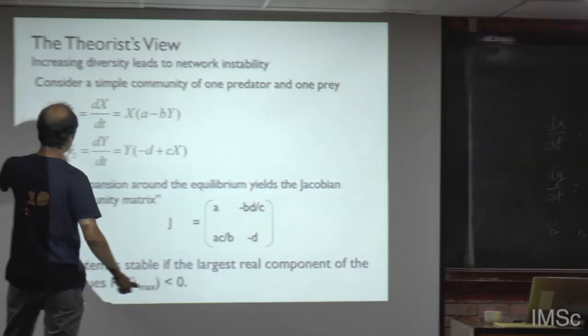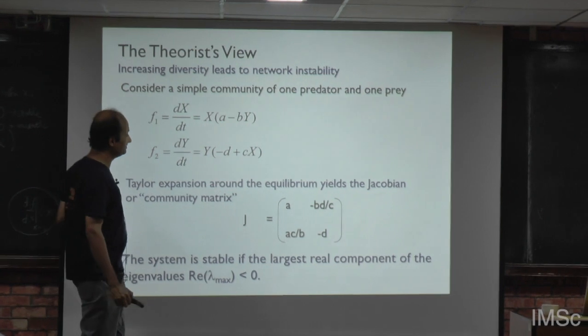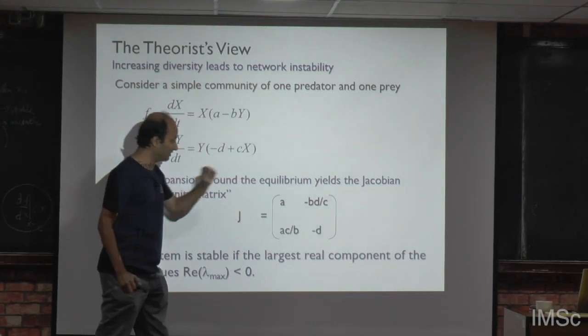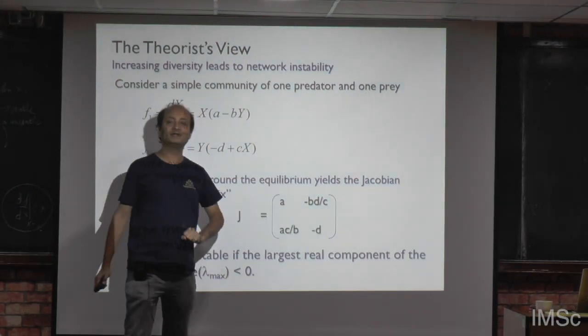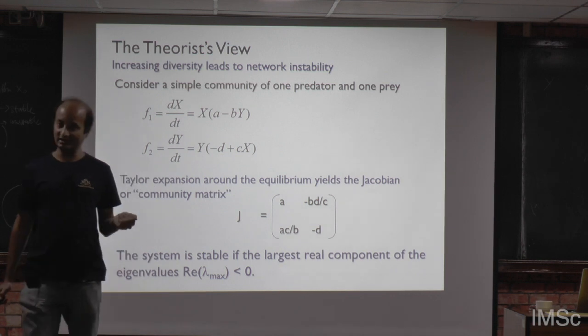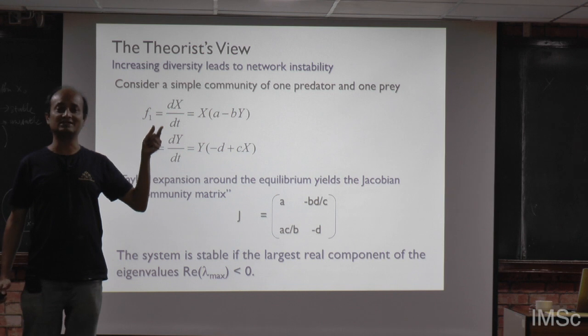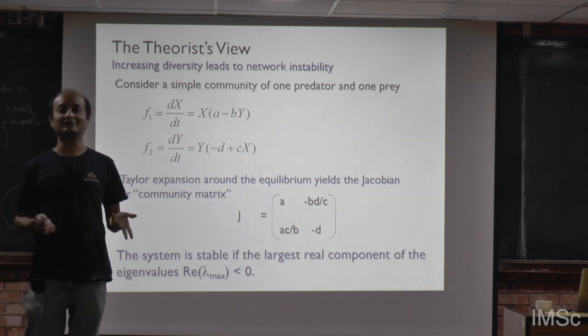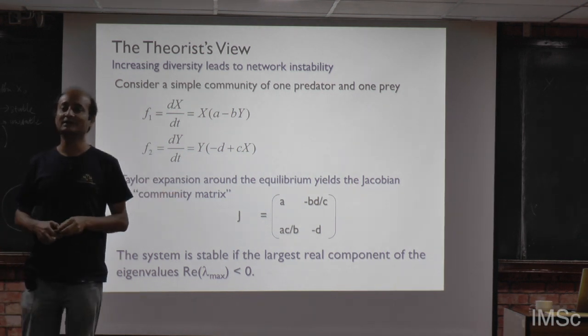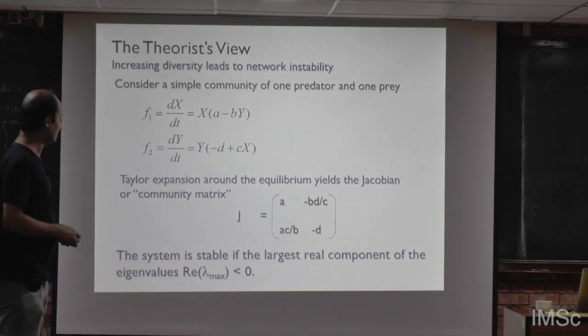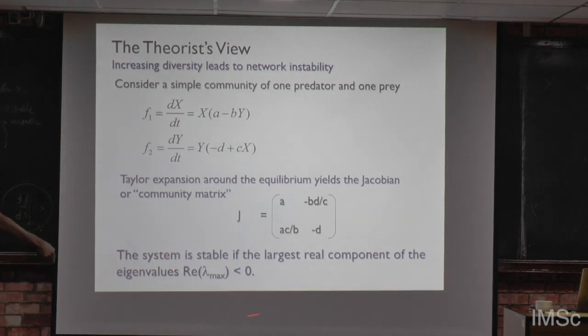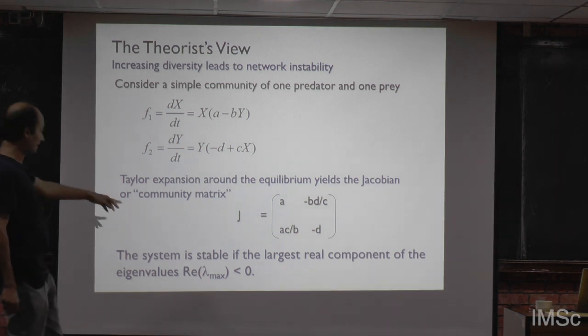So you take the Lotka-Volterra system, you compute its Jacobian, and you ask, are its eigenvalues both negative, or is at least one of them positive? If any one of them is positive, or if both are positive, then that would mean that the corresponding equilibrium is unstable. Okay? So the condition essentially boils down to asking, is the real part, okay, so why do you say real part?